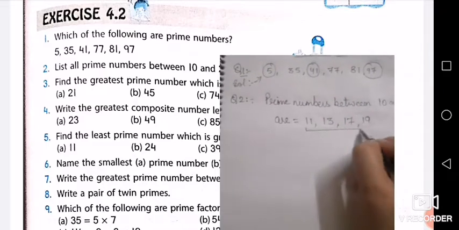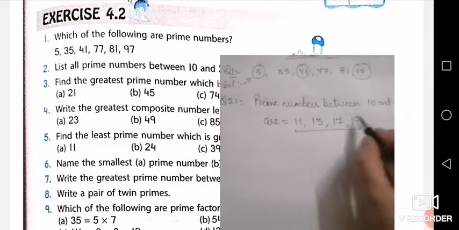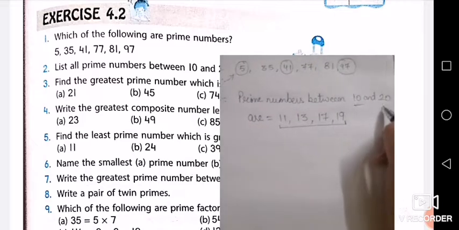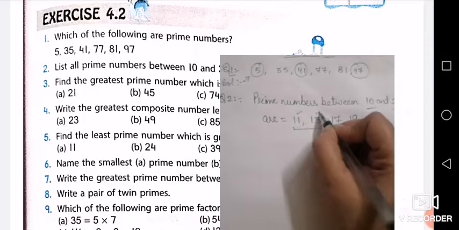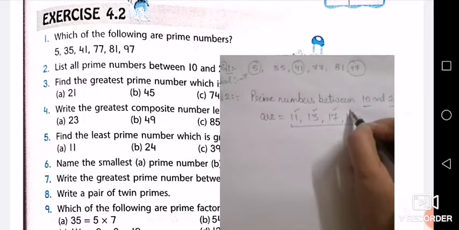These four are the prime numbers which come between 10 and 20. 11, 13, 17 and 19.